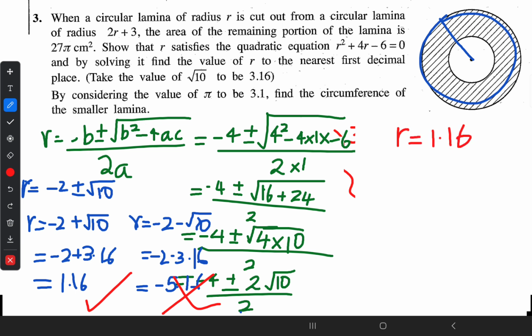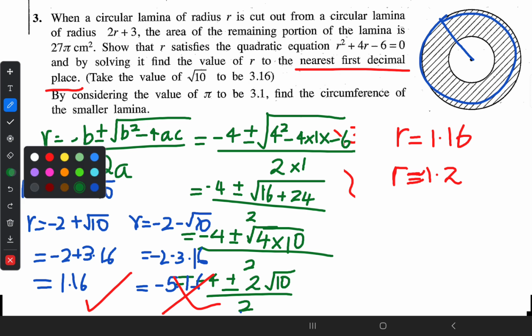But in the question, r is to the nearest first decimal place. That means r is equal to 1.2. Then by considering the value of pi as 3.1, we have to find the circumference of the smaller lamina, the removed one.